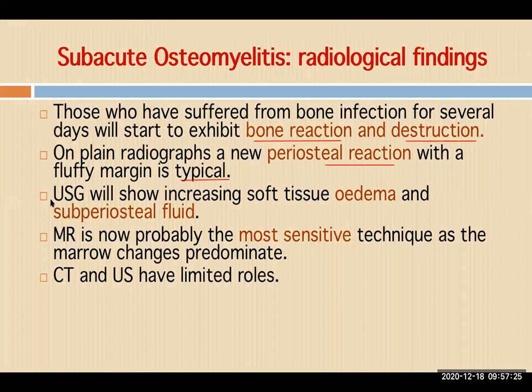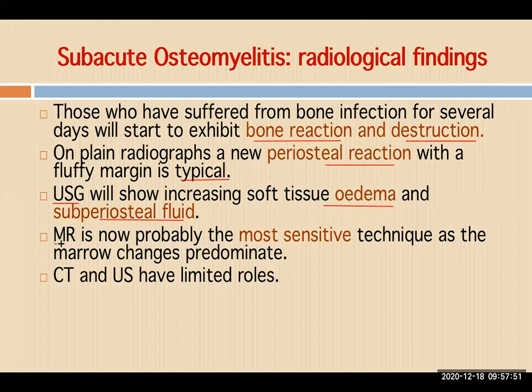If we go for ultrasonography, it will show increasing soft tissue edema and subperiosteal fluid because of the reaction to that infection in the surrounding area. So this type of feature is developed. X-ray cannot pick that, but X-ray will slightly show the change in density, but ultrasound is a good investigation for that type of finding.